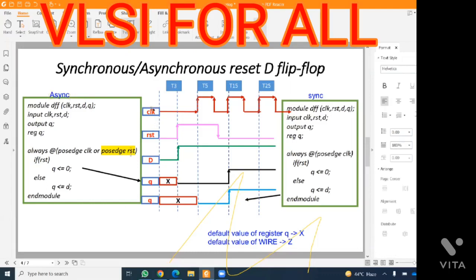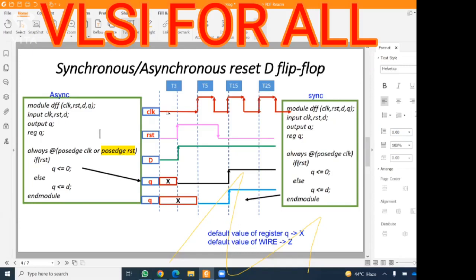Any questions in this? Yes, sir. I have one doubt. In asynchronous, this always block depends on a positive edge of clock or positive edge of reset. It means it is looking for a positive edge of clock or a positive edge of reset. If one of them is coming, good. If both of them are not coming, this code will not be triggered.